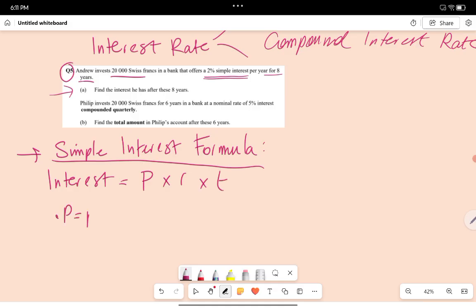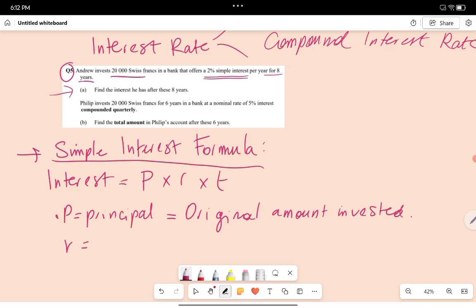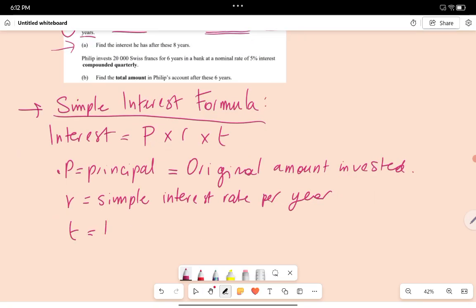So P is the principal, that is also the original amount invested, and R is the simple interest rate per year, and then T is time, so that is the number of years.